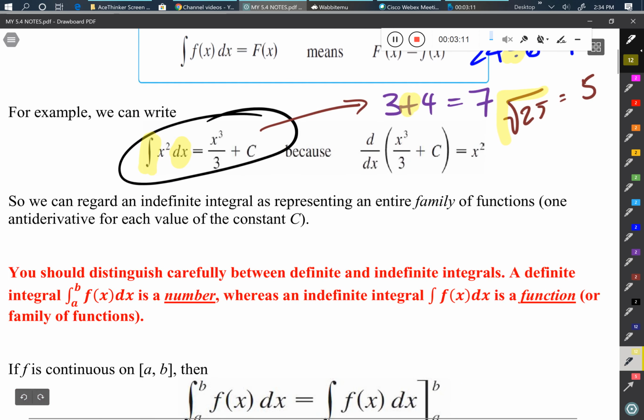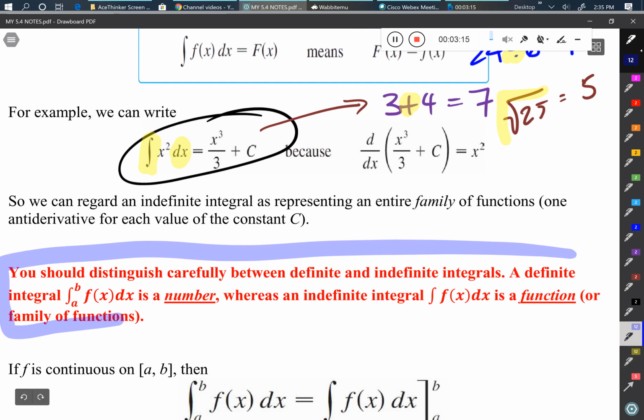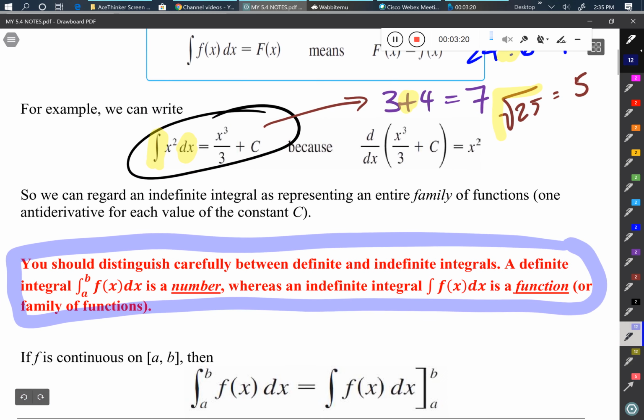Okay? So what you want to take away from this is that you should be able, as an accurate viewer of calculus, to differentiate between whether they're asking you for a definite integral or an indefinite integral, and what that means in terms of your final answer.